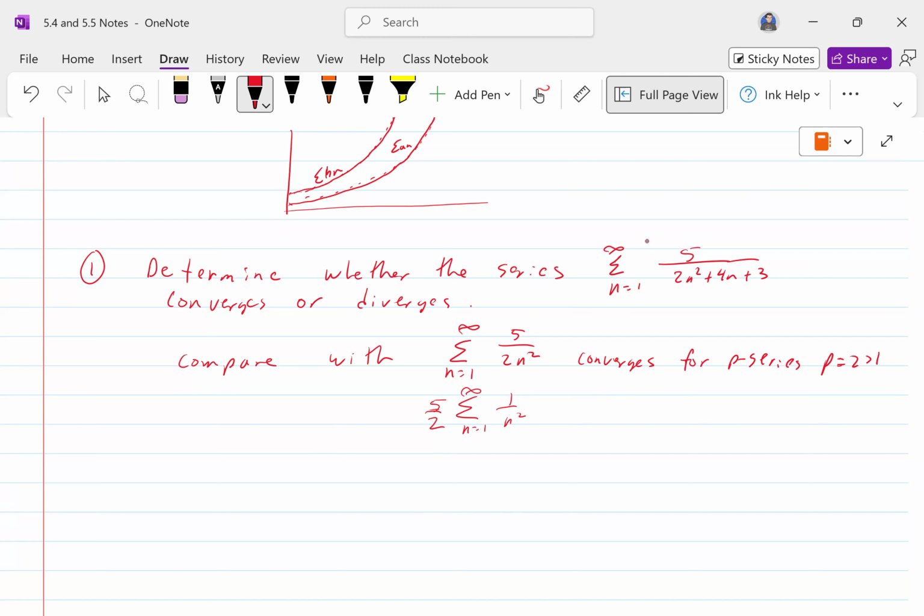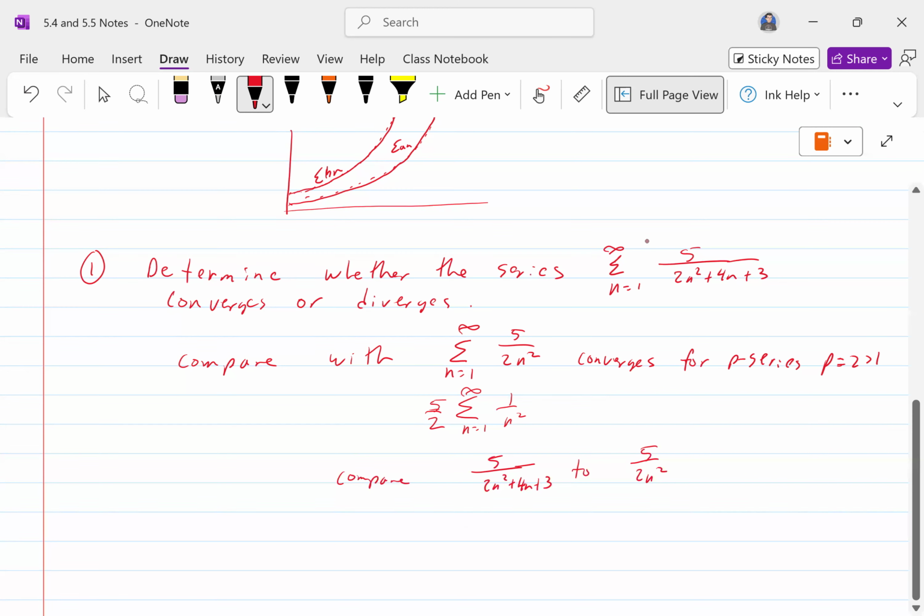So let's compare 5 over 2n squared plus 4n plus 3 and 5 over 2n squared.